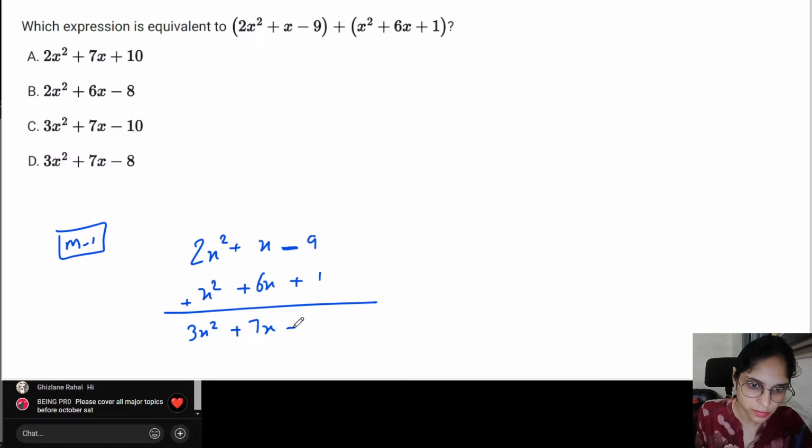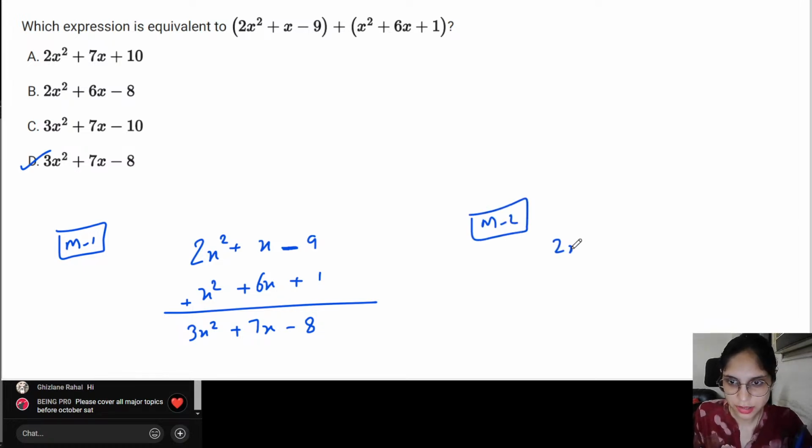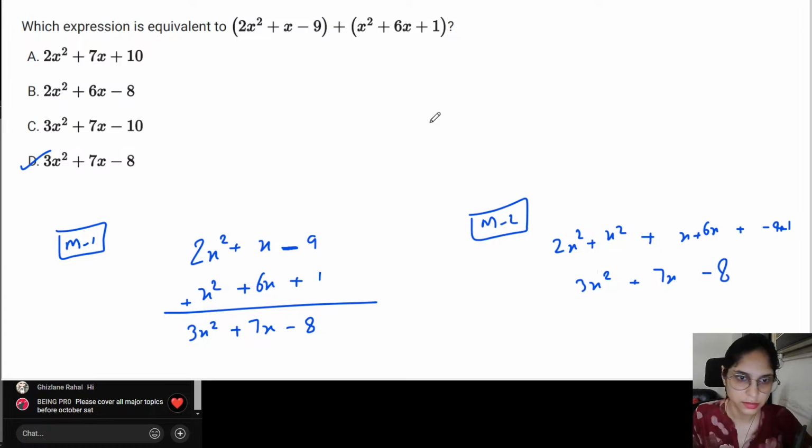Remember that negative 9 plus 1 is negative 8. So 3x squared plus 7x minus 8. The second method is I directly combine them. Because you're adding them, this is 3x squared, this is 7x, this is minus 8. Same thing.